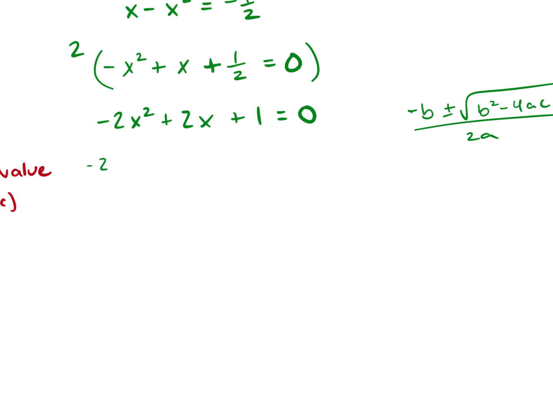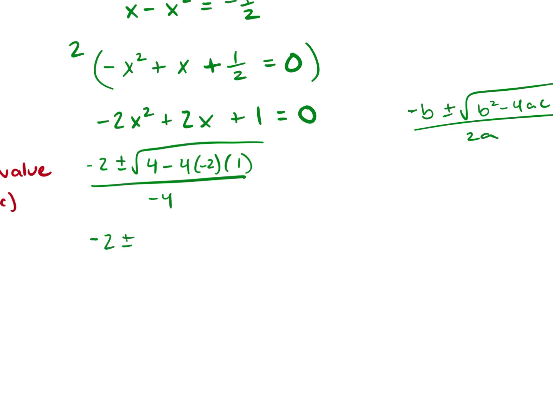So negative 2 plus or minus the square root of 4 minus 4 times negative 2 times 1 over 2 times a, which would be negative 4. Negative 2 plus or minus the square root of this would be 4 plus 8. So 12 over negative 4.